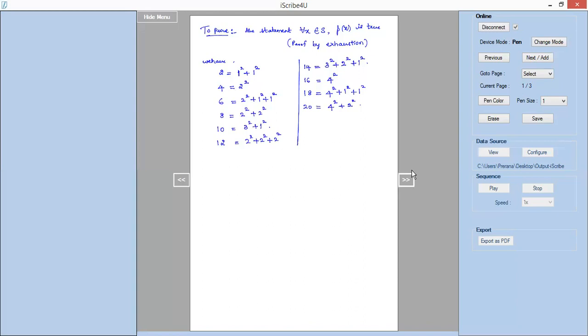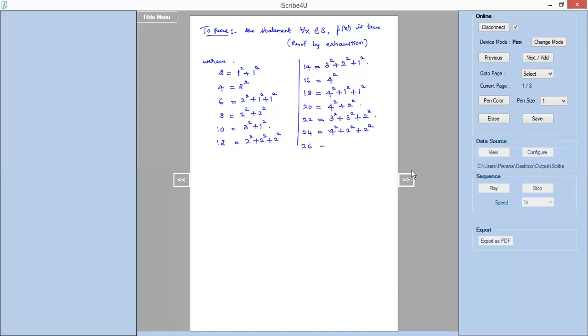16 plus 4, 20. Next we have 22. 22 can be written as 3 square plus 3 square, that is 9 plus 9, 18, plus 4, so 2 square. Then we have 24, which can be written as 4 square plus 2 square plus 2 square. 16 plus 4 plus 4, which is 24.